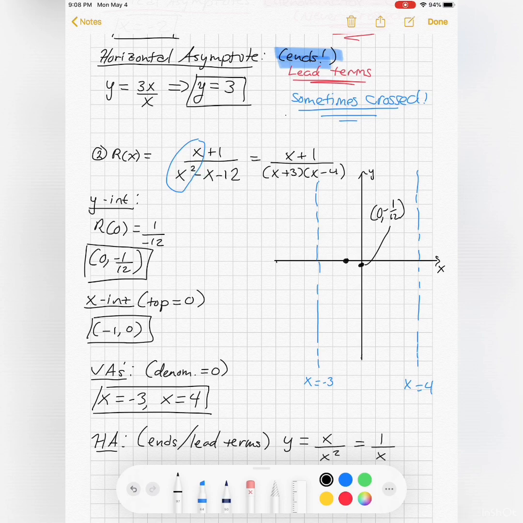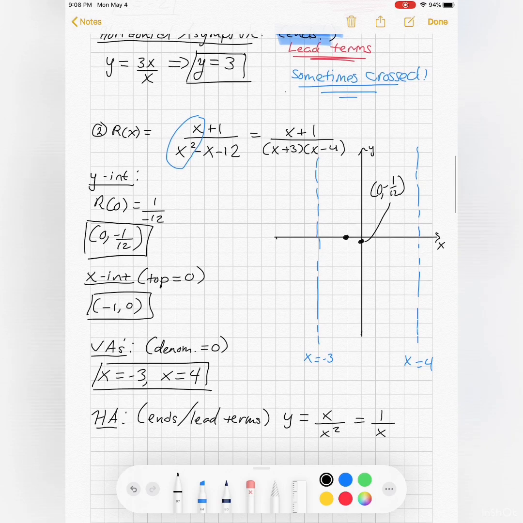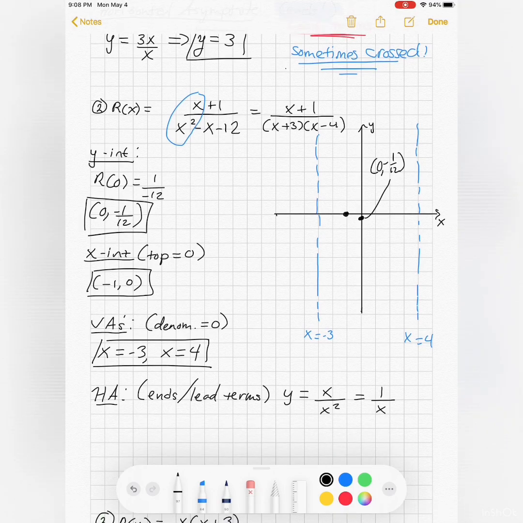That's like 1 over x. So then I have to say what happens to 1 over x as x gets really big, as x goes to positive or negative infinity. Well, as x gets really big, I have 1 over 100, 1 over 1,000, 1 over 10,000. This goes to 0, right? So my horizontal asymptote is actually y equals 0.